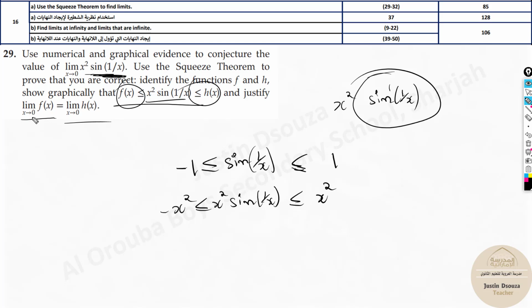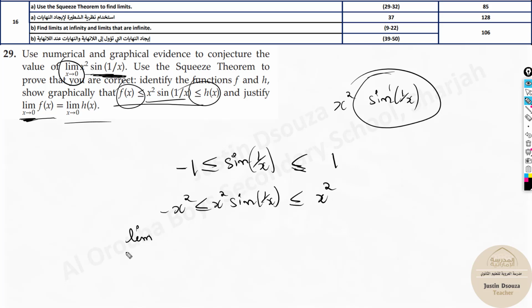Now what is the limit they have specified? x tends to 0, and you are supposed to find it at that point only, because you can't have different values here, because the squeeze theorem clearly states the limits at the limiting point must be the same, right? So now just find the limits everywhere.